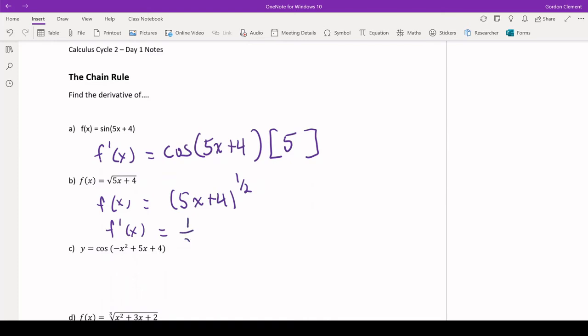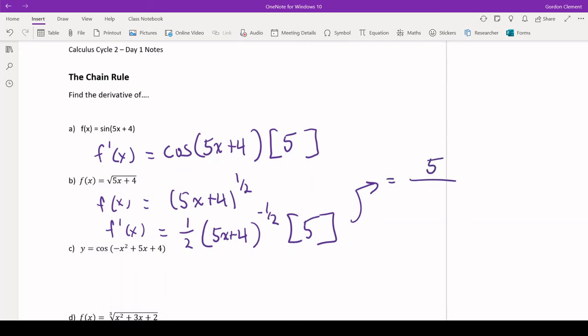Derivative of x to the half is 1/2 x to the minus a half, subtracting 1 from a half. What the chain rule says is just treat the inside like an x, and then separately do the derivative of the inside. And if I clean that up, that 5 would be in the numerator, the 2 would be in the denominator, 5x plus 4. So that's one that we couldn't explain before. It's because we didn't know this chain rule yet.